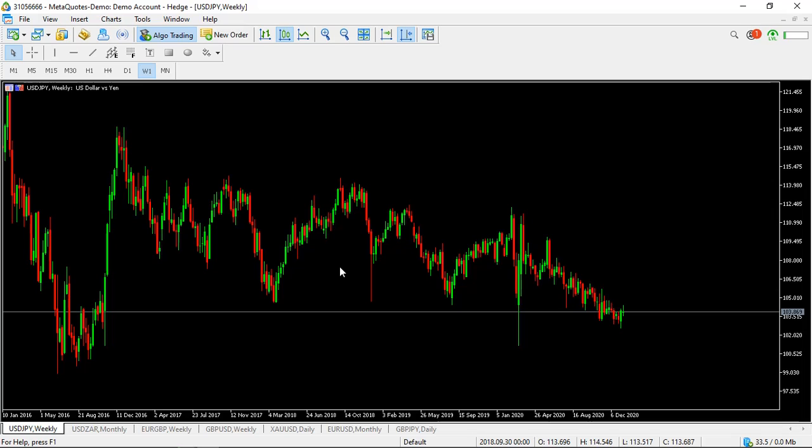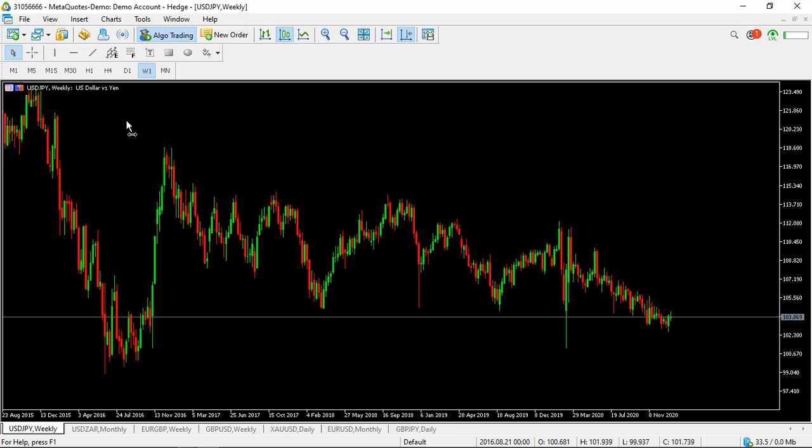And so okay, basically i-chart enginalo la is USD JPY. Okay, this is your USD JPY and it's my weekly time frame, which means ikhandlela elilodwa li-createka every week.